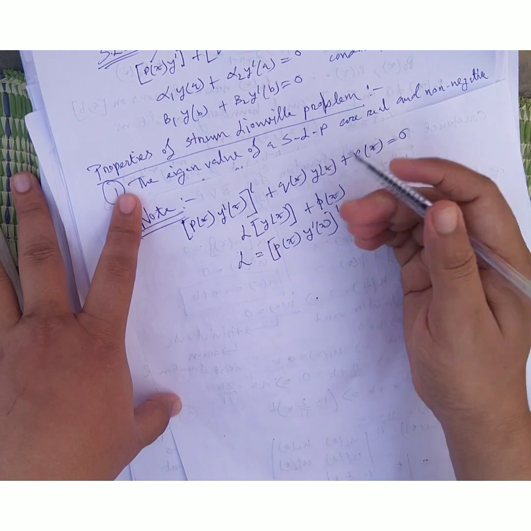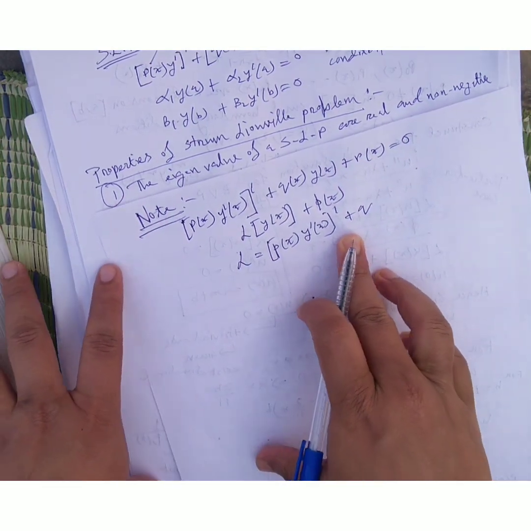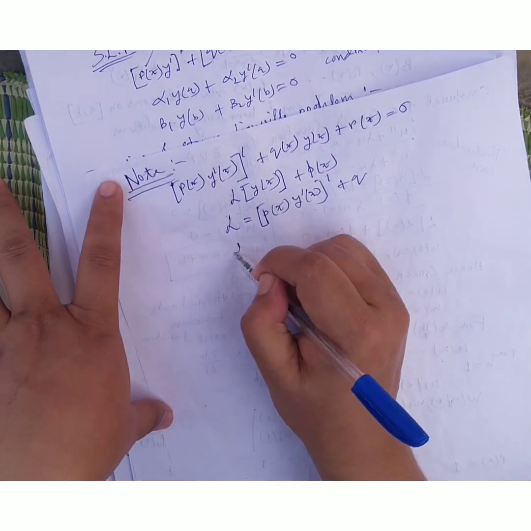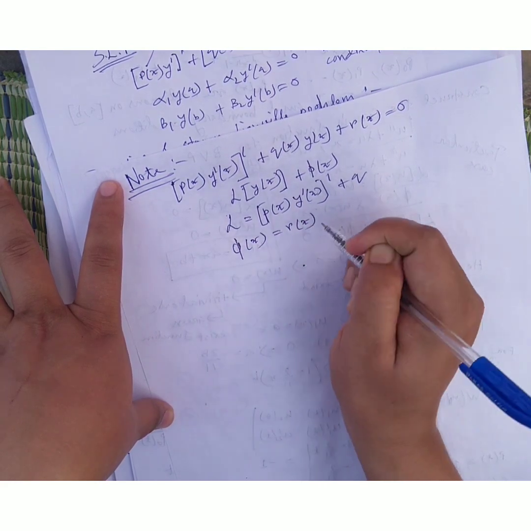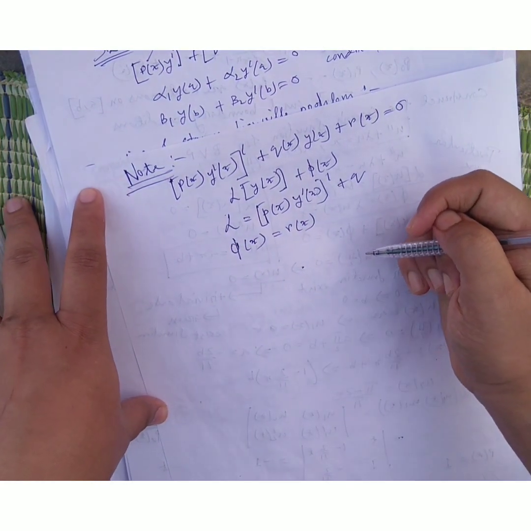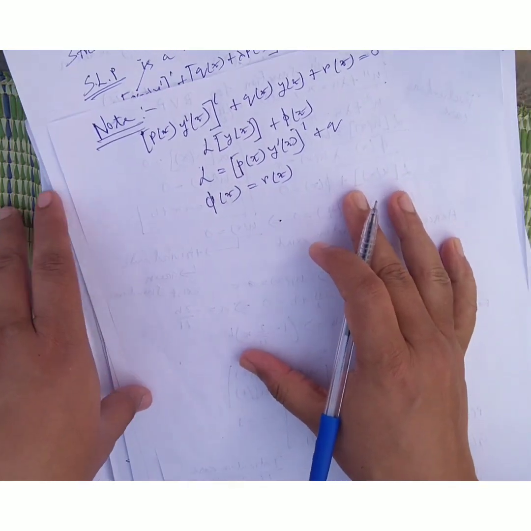This is the L value, and phi x is equal to r x.